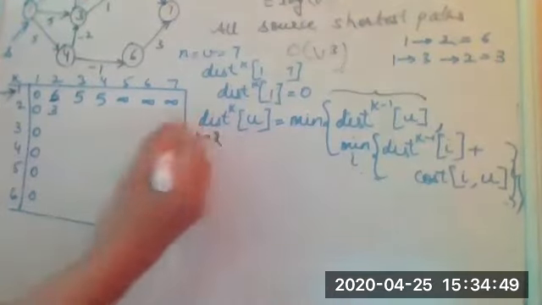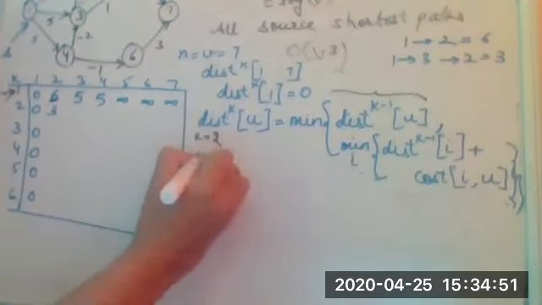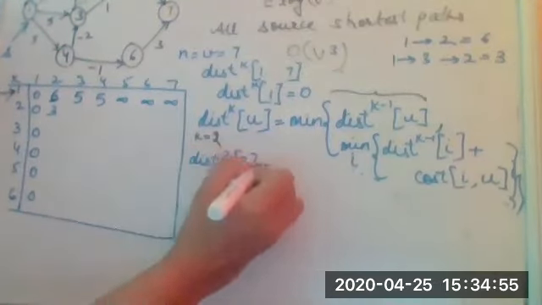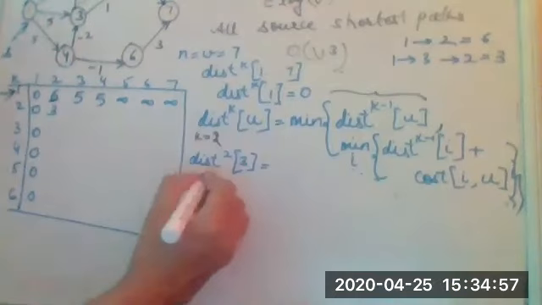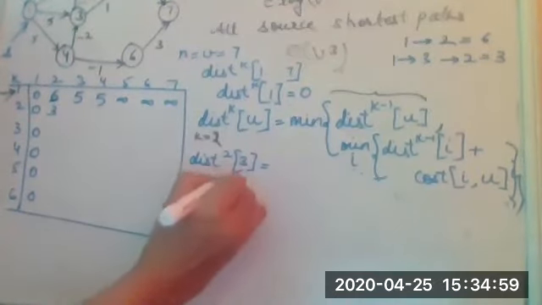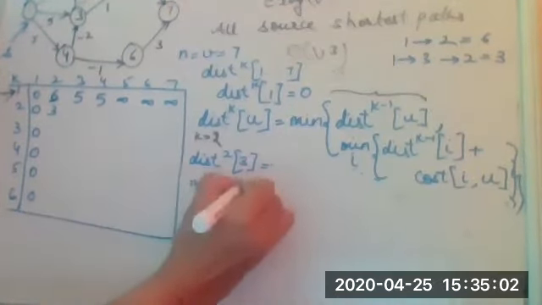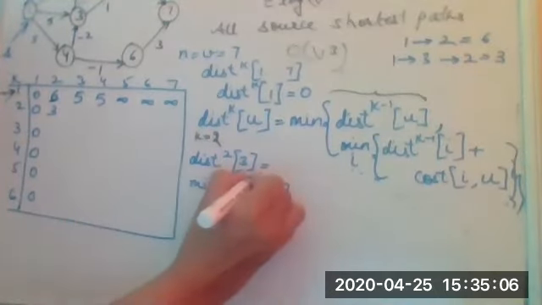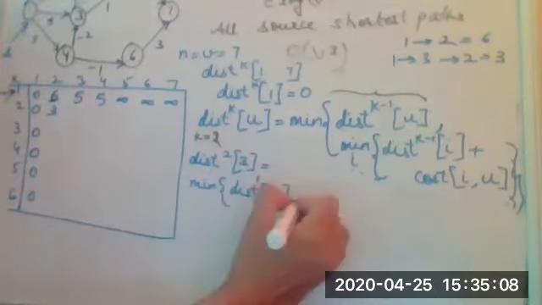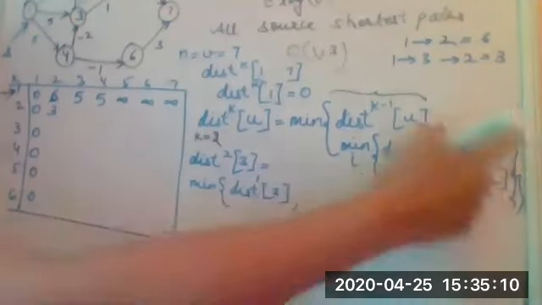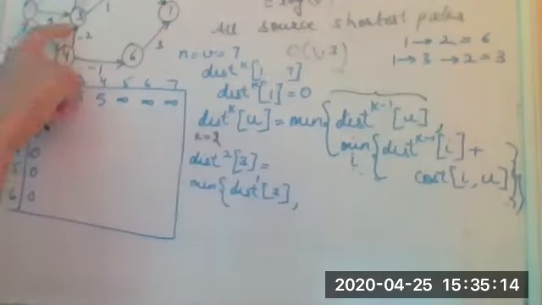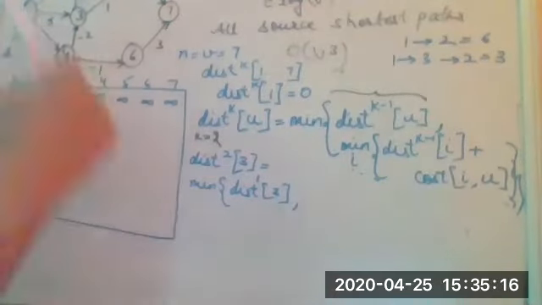So the distance of the third vertex from the source, taking two intermediate vertices, will be the minimum of the distance of the third vertex from the source when only one intermediate was there. And now, let us consider any other intermediate vertex to reach 3.